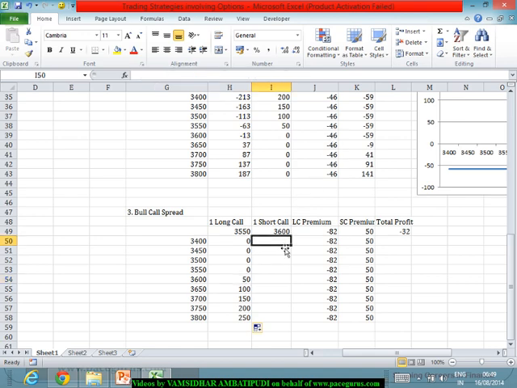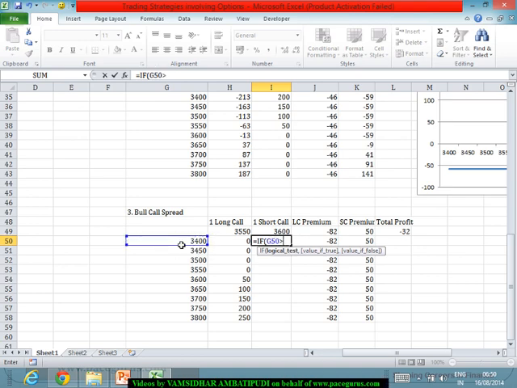Similarly, because I have shorted the call, the long holder will exercise it only if the market price is greater than the strike price, and then a loss is going to come up for me. If the market price is lesser than the strike price, the long position is not going to exercise it, so there is no loss for me. But if the long is exercising, then the difference is what comes out as a loss for me.